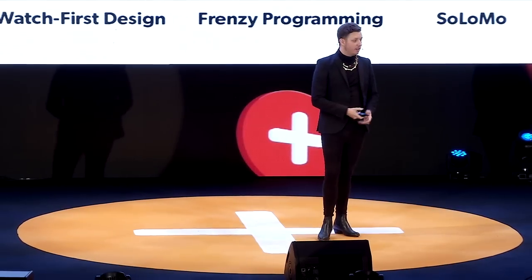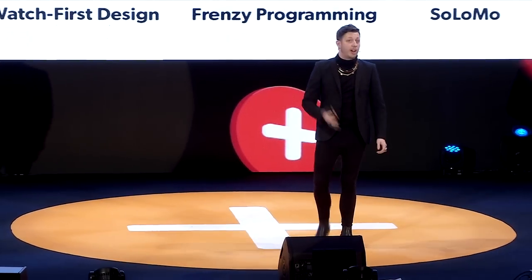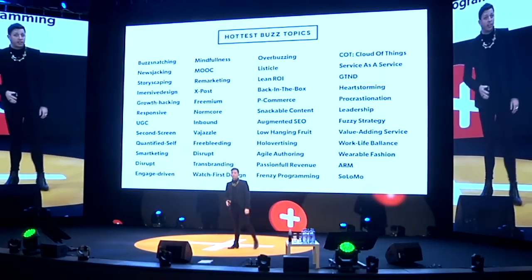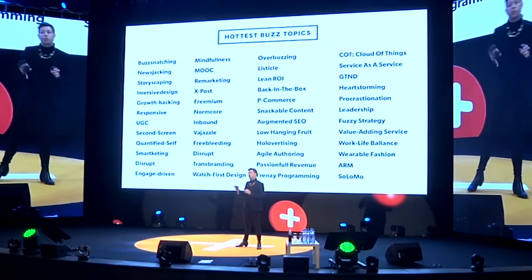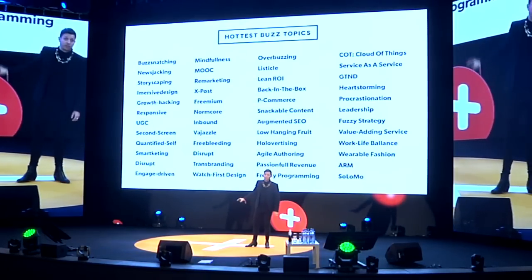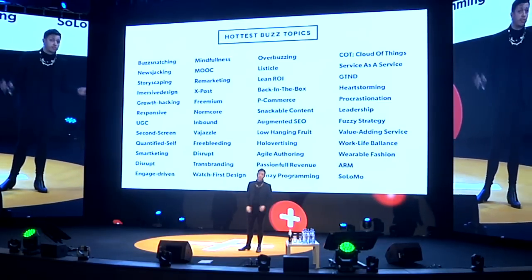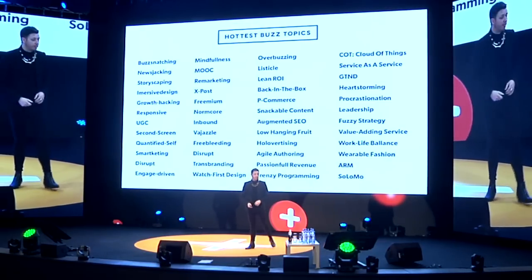But there's many, many more, and they keep coming and coming and coming. And the thing is, you never know which one of all of these is going to be a game changer and which one is going to fizzle out, like yesterday's Prosecco.